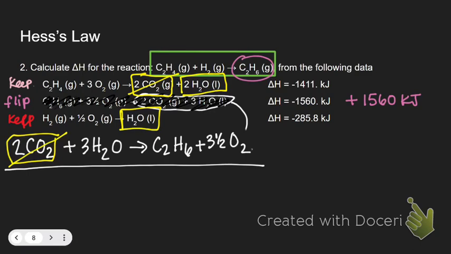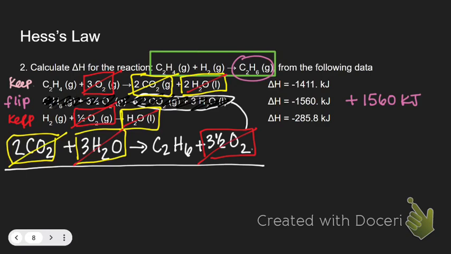And then we also have 3 here. So that's 3 waters on the reactant side. So all of these are going to cancel. For oxygen, I have 3 here, a half here, and then I have 3 and a half here. So those are all going to cancel because they're on opposite sides.